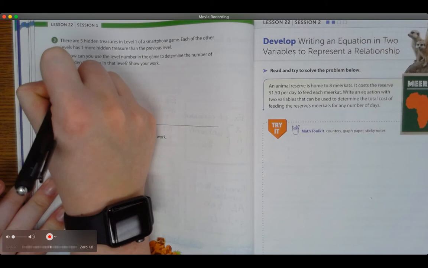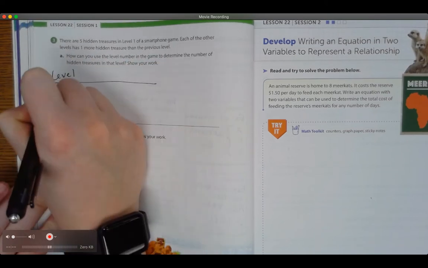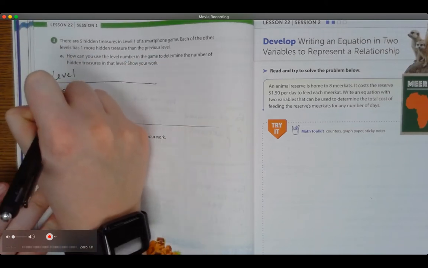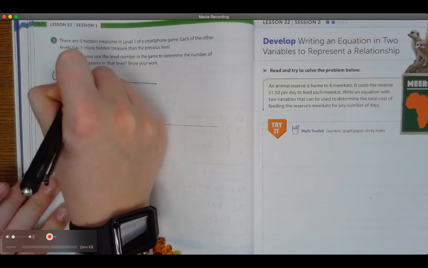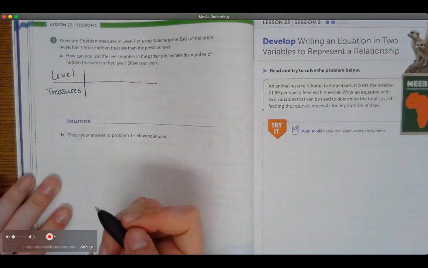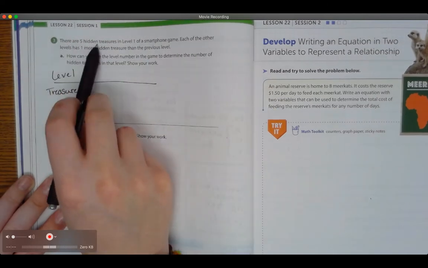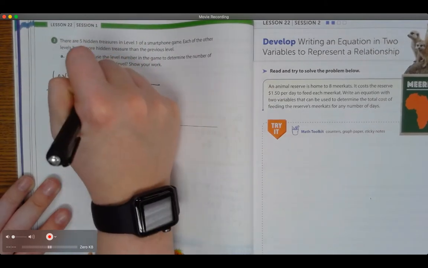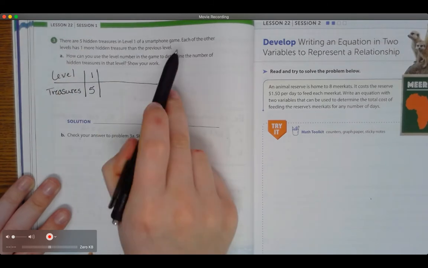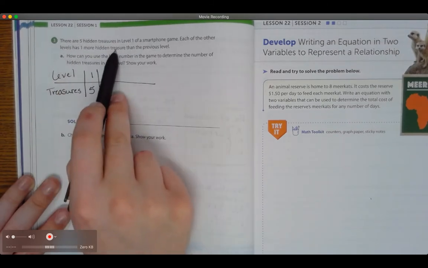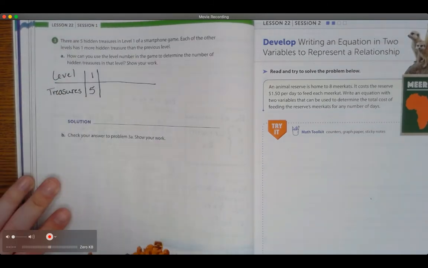So level and treasures. All right, so say level 1. So there are 5 hidden treasures in level 1. Easy enough.